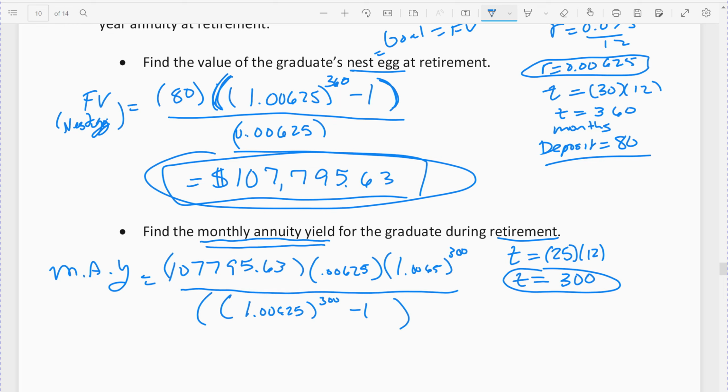All right, so again, put extra sets of parentheses. Whenever, it's a good idea to put extra sets of parentheses in there. Monthly yield would be $796.60.